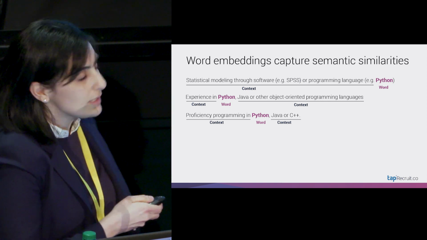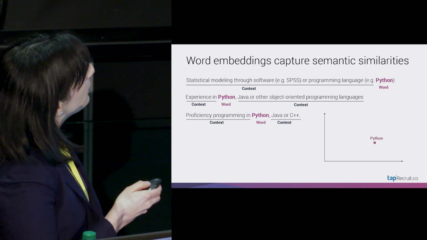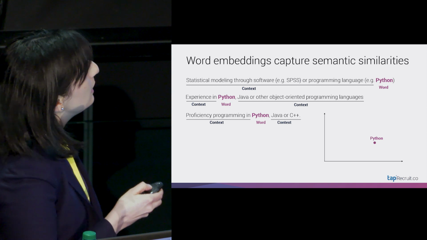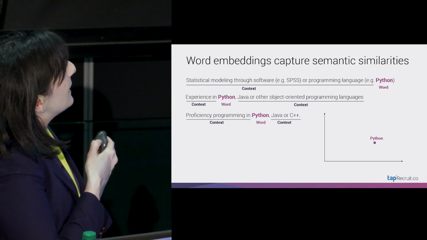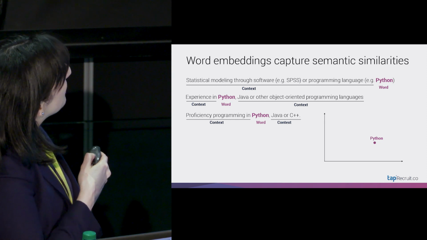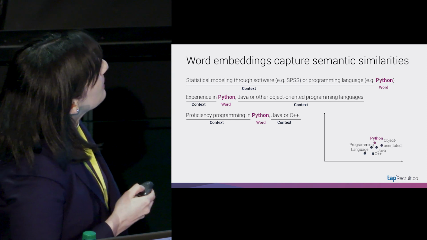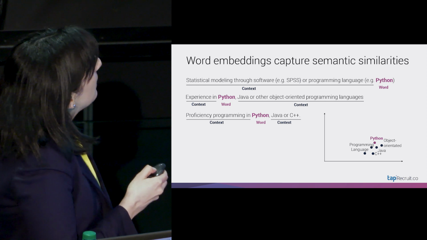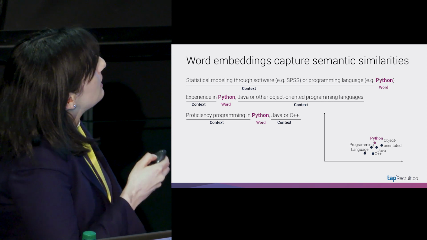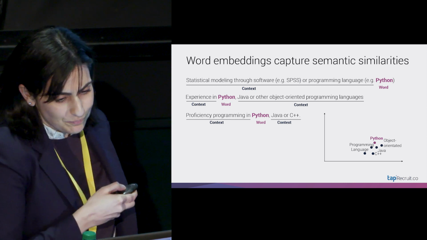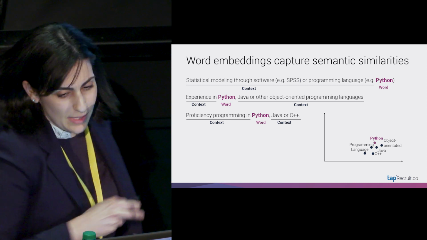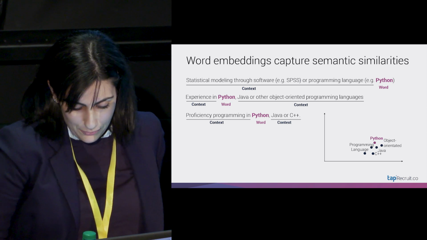What we see here, for example, if we wanted to understand a little about Python, using some example requirements from typical job descriptions, is that we would take the word Python and look at its neighbors, the context of the words around it. That's what we would do for a word embedding model.